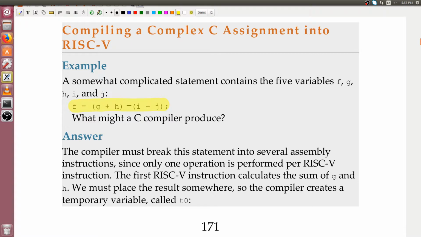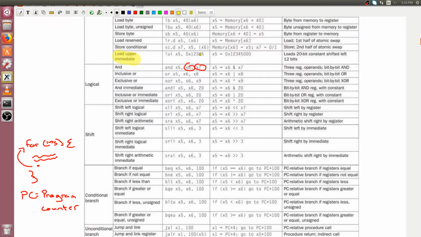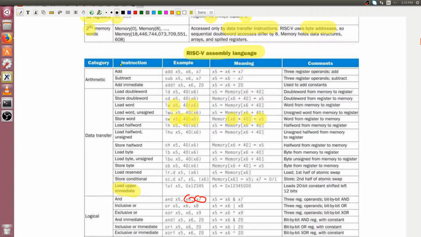Let's see. So why are there two different operations for add and subtract? That's a good question. Let's look back at the instruction set. That might give us some answer. So let's look at the add and subtract. Okay, so this is for the subtract.